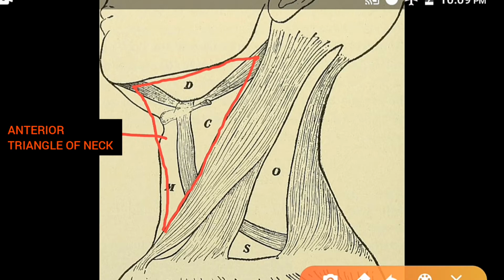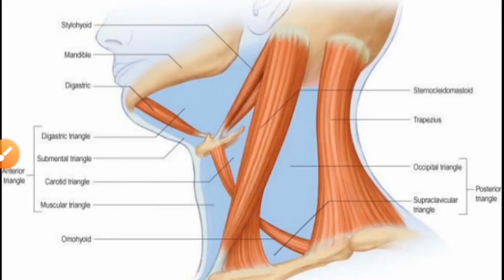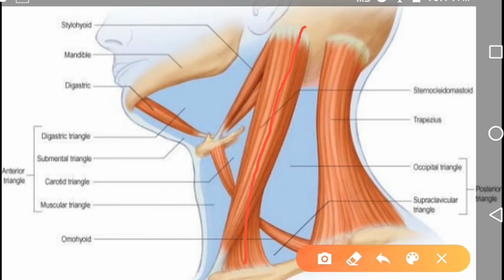Also there's another triangle-like structure here, and this is called the posterior triangle of the neck. So these two triangles are separated by the sternocleidomastoid muscle. As you can see in the picture, this is the sternocleidomastoid muscle, and it runs from the back of the head to the clavicle.